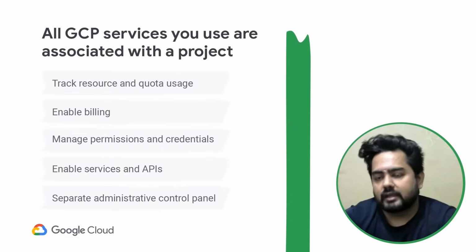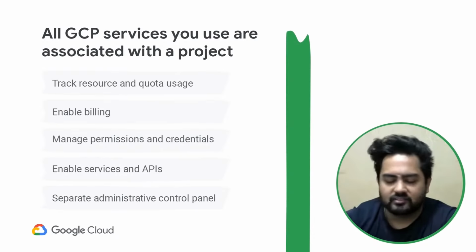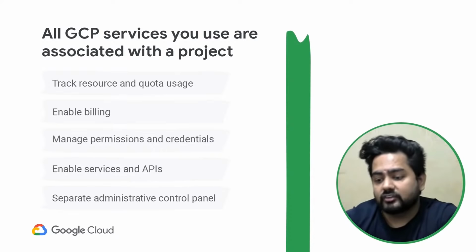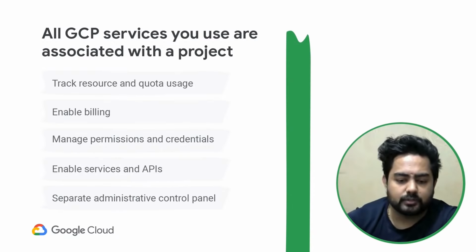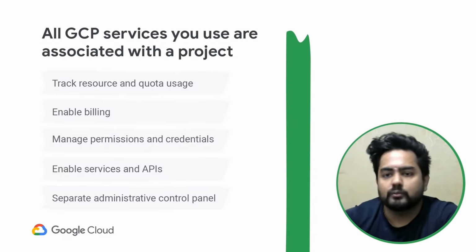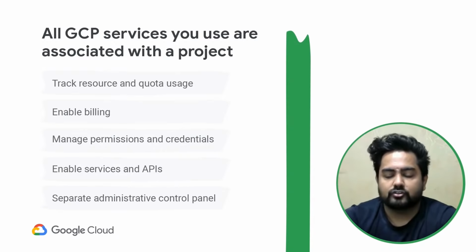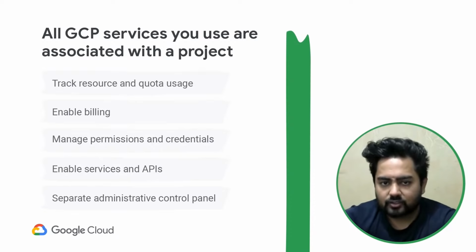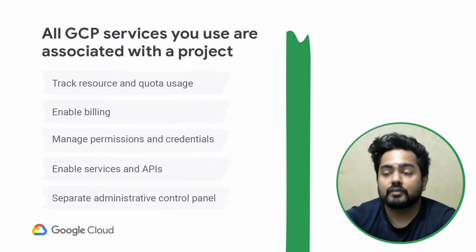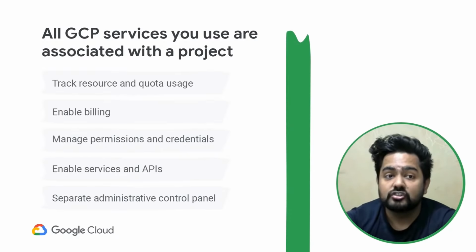For example, the dev project may have the dev lead as owner, the testing project may have the testing lead, and the production project may have the CTO or anyone else as lead. So every project can have different owners and users, and they're all going to be billed separately and managed separately. So your project is one of the most important things, since everything happens inside the GCP ecosystem.